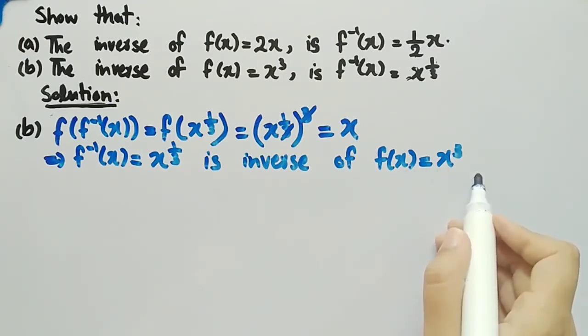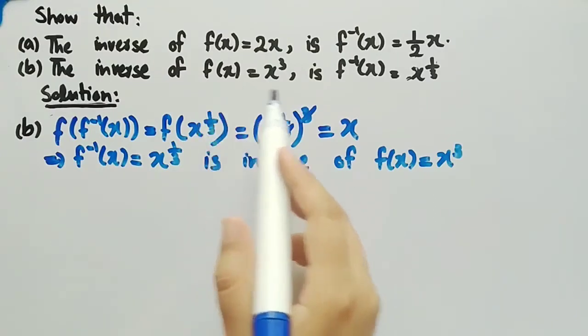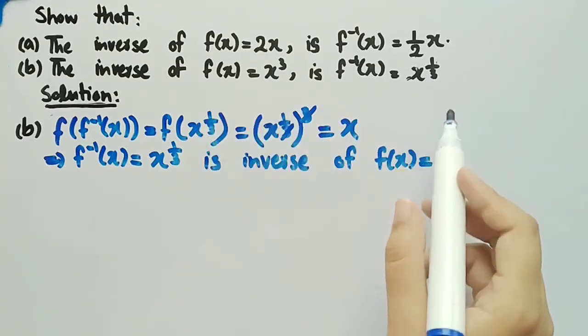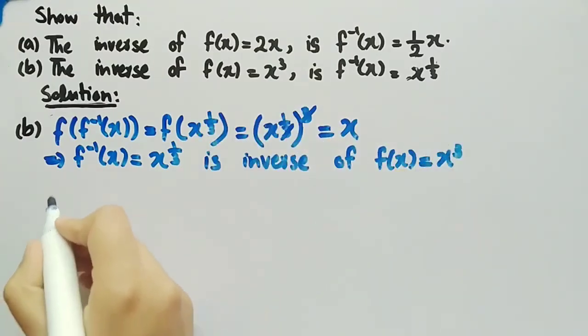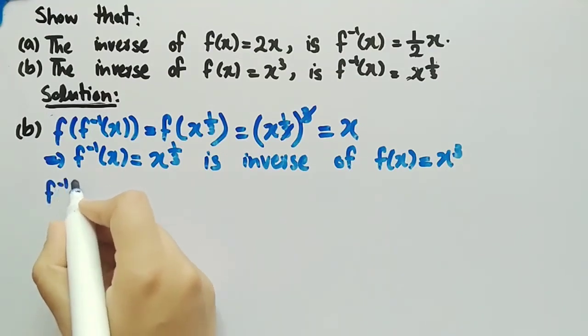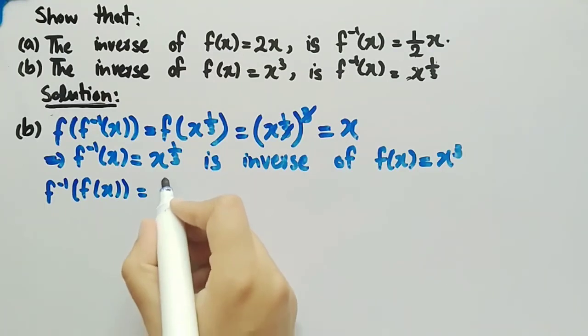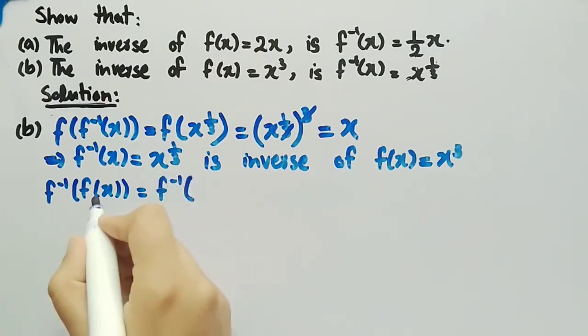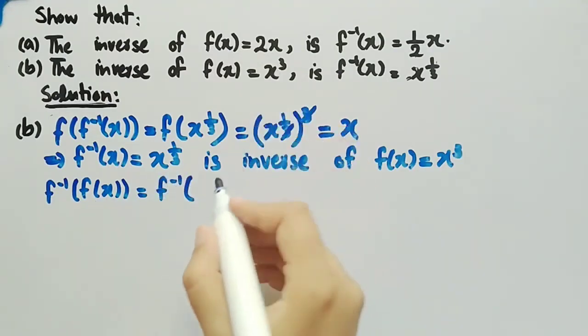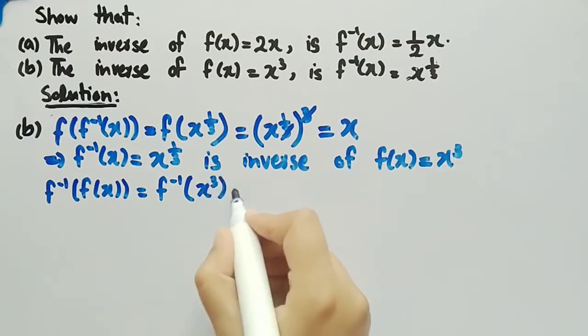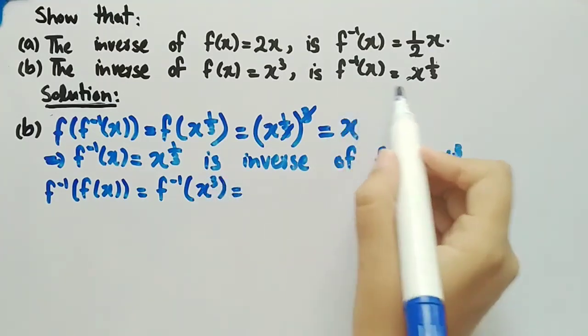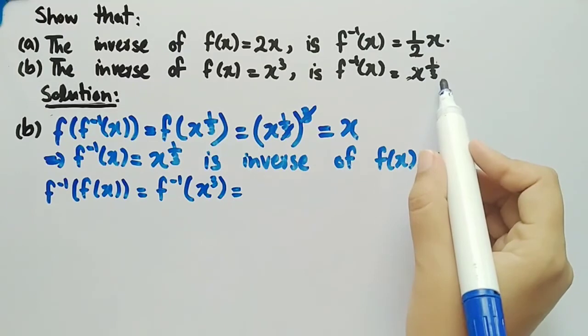Now we will check whether x cube is inverse of x raised to power 1/3 or not. For this we will consider f inverse of f of x, which is equal to f inverse replacing f of x by its value, that is x cube. f inverse of x is equal to x raised to power 1/3.